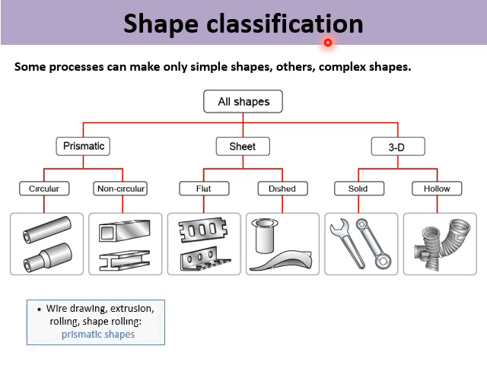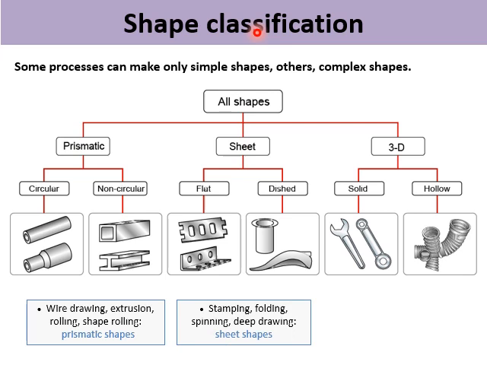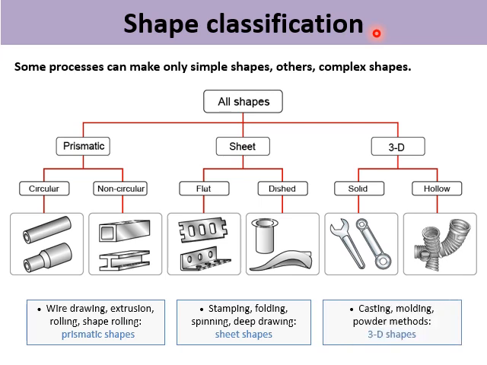Here is the primary distinction between prismatic shape over here, made by processes such as extrusion, rolling, and wire drawing; shape made from a sheet by stamping, deep drawing, spinning, or folding over here; and then three-dimensional shape that involves change of section, made by casting, molding, and a host of more elaborate procedures. So you have a 3D shape over here, and then you have a prismatic shape over here.